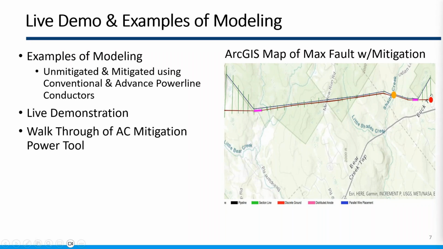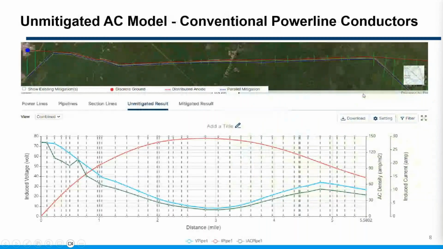So anyway, we'll be talking about how this is done and everything else. And we do it on an ArcGIS map, and this is the fault mitigation. So I just want to show you that. Okay, and then we're going to go over here, and this is the ArcGIS map.